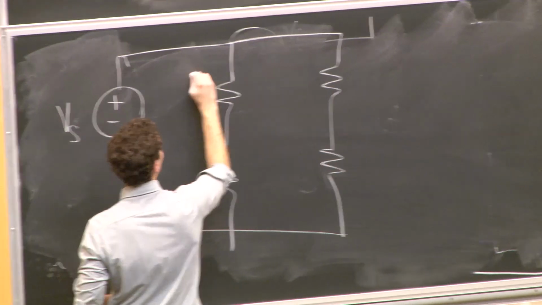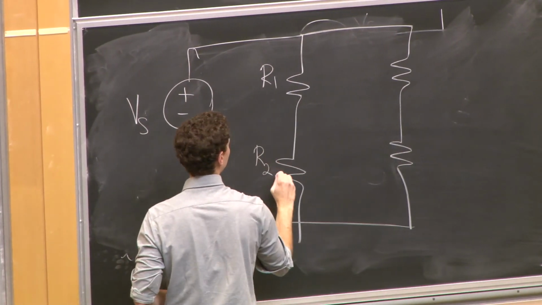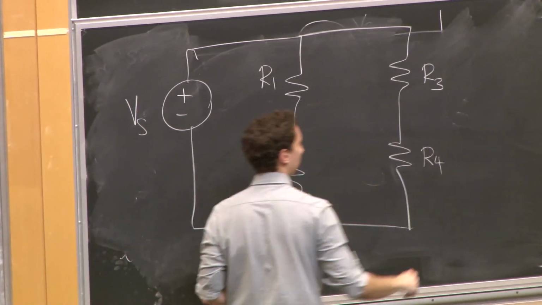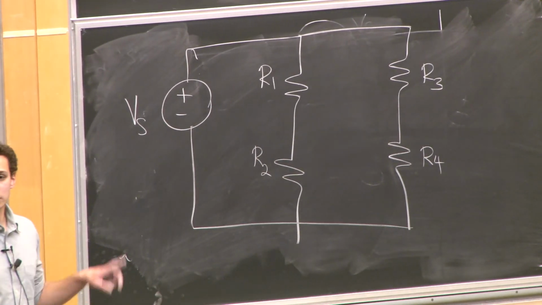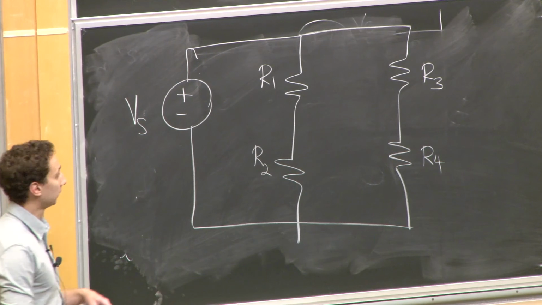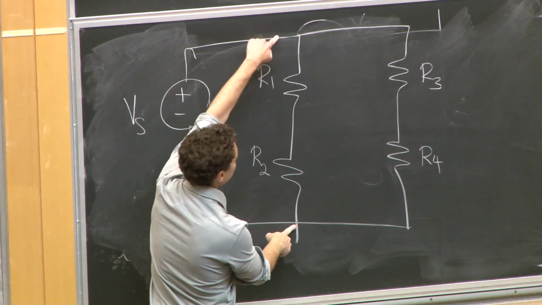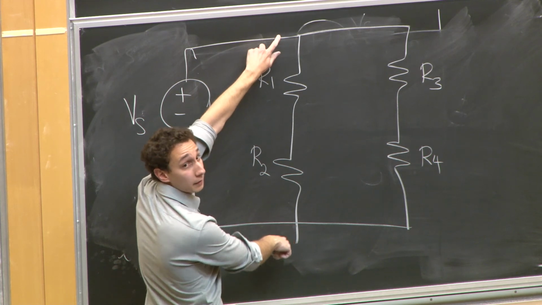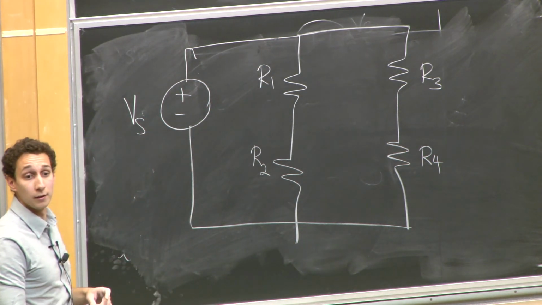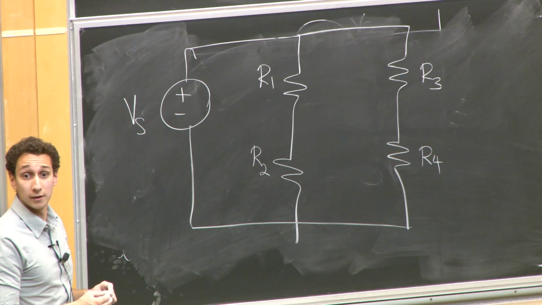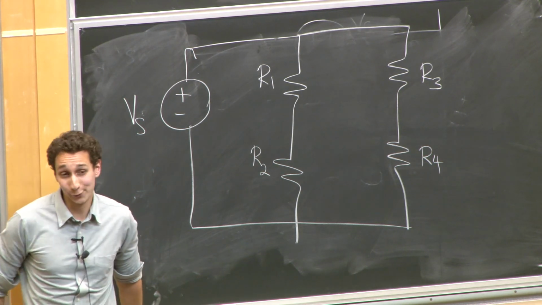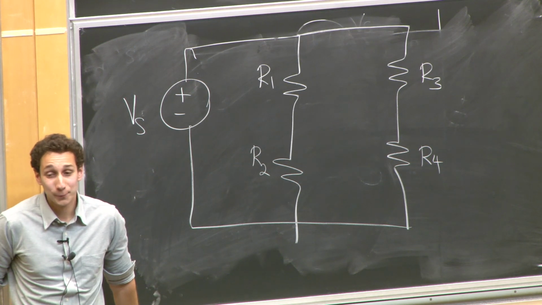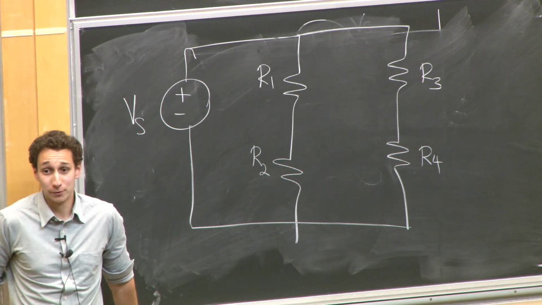Source voltage, R1, R2, R3, and R4. If I just look at one branch of this circuit, let's just say this one, right here, what does this look like? The circuits that we've solved already. They're in series, yes. And we've only really learned two circuits. Which one is it? It's a voltage division, right?